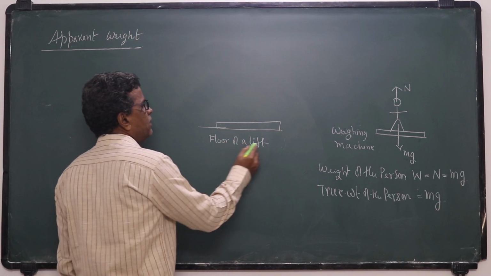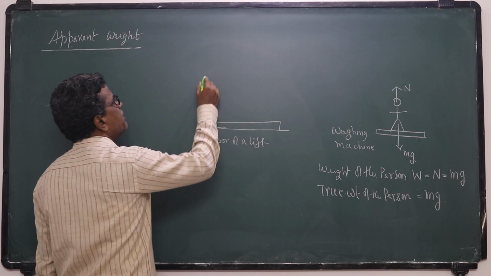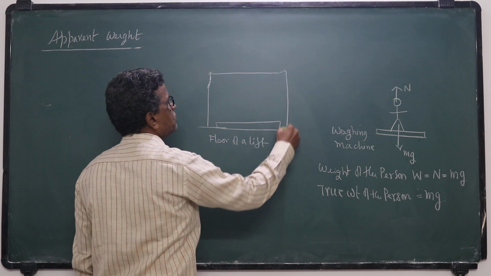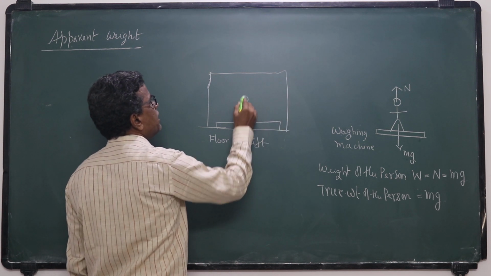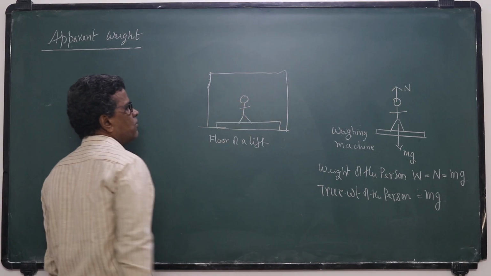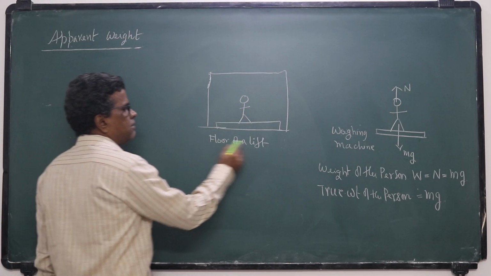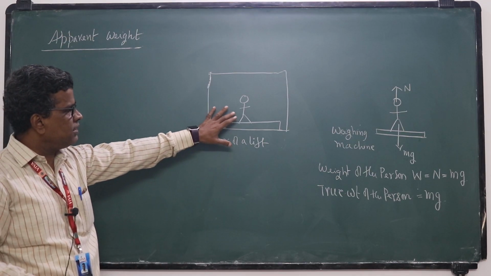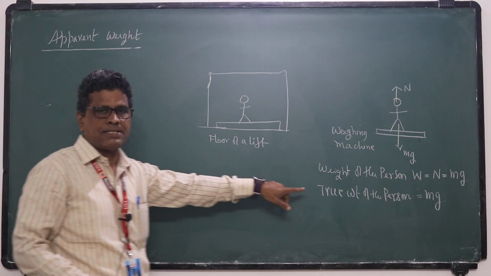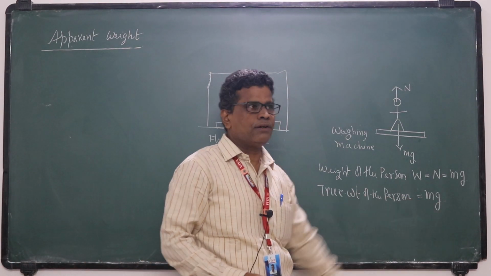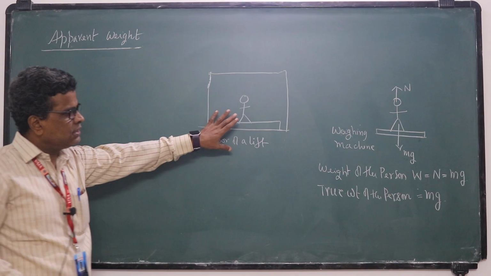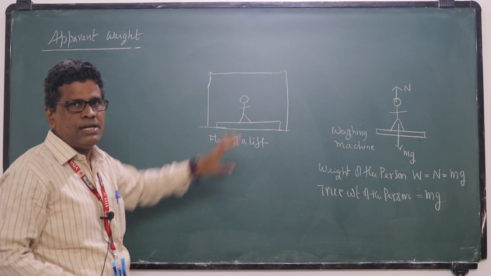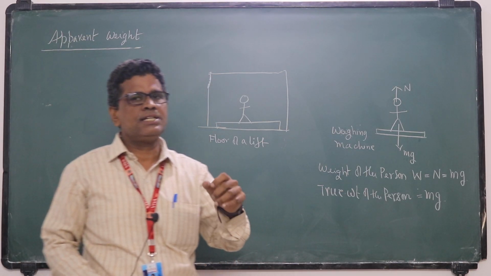Now this person is standing on this weighing machine. Now this lift is at rest, then the weight shown by this weighing machine is equal to the weight of the person. It will show the true reading. So there is no difference if it is placed on the ground or on the floor of the lift. Here in case 1, I assumed that this lift is at rest.